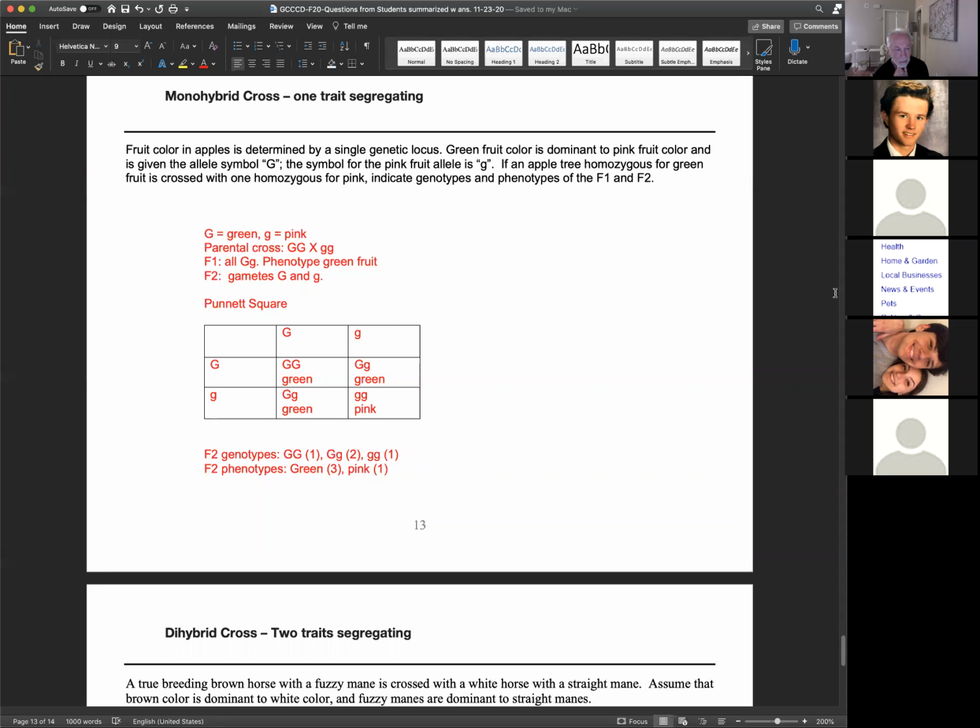But you would have to lay out a Punnett square for each generation, ideally. Did that answer your question? Yes. Okay.